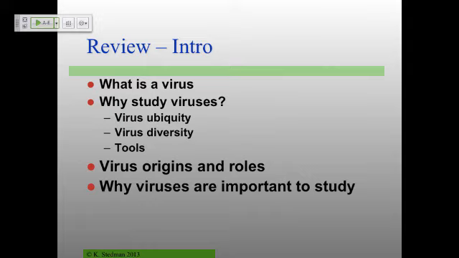Why study viruses? Yeah, sure, viruses make people sick, but I'm much more interested in viruses for studying their ubiquity, their diversity, and really in terms of understanding viruses as tools. A lot of people talk about interdisciplinary science.